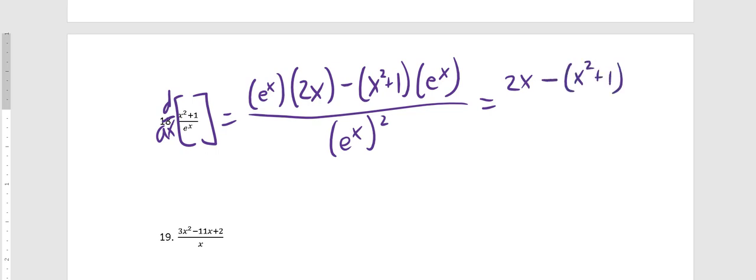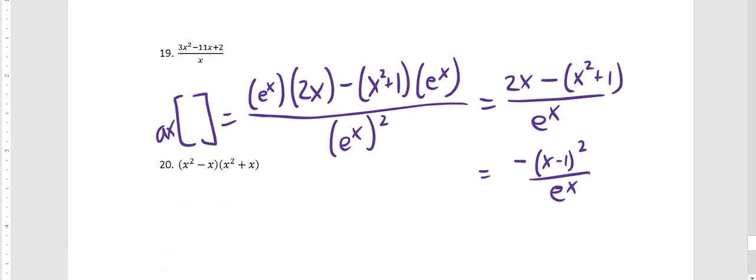I get this, which kind of looks simplified enough. Let's not get crazy here. That does kind of look like negative x squared plus 2x minus 1 is going to be negative x minus 1 squared. That's neat. Okay.